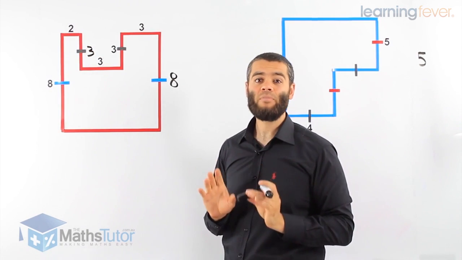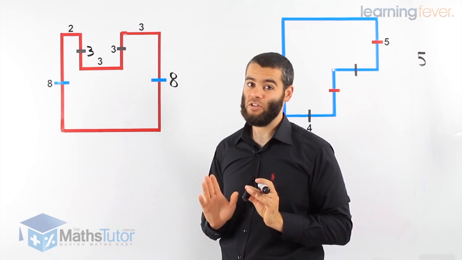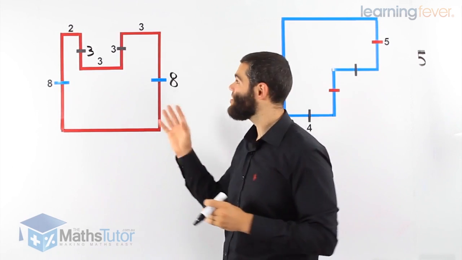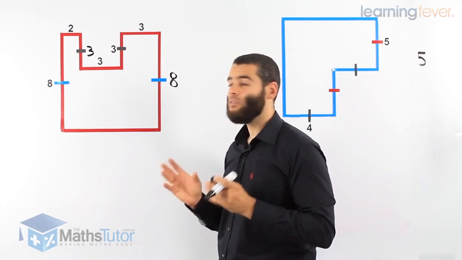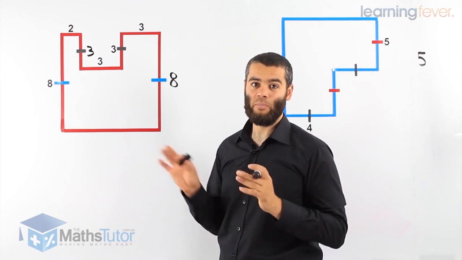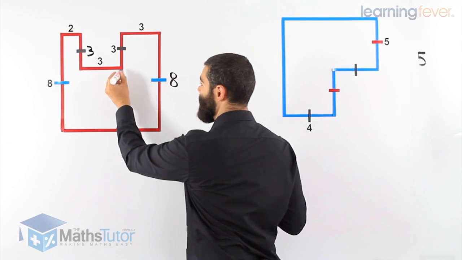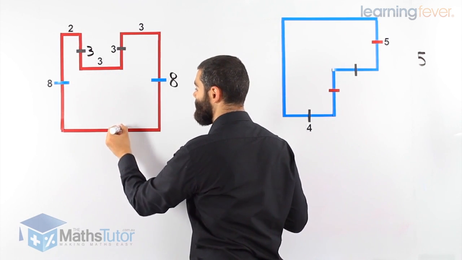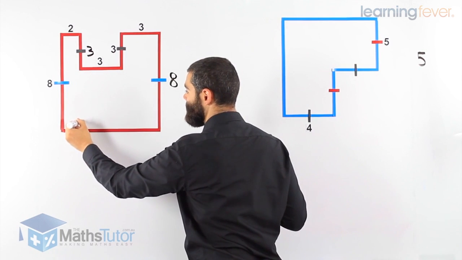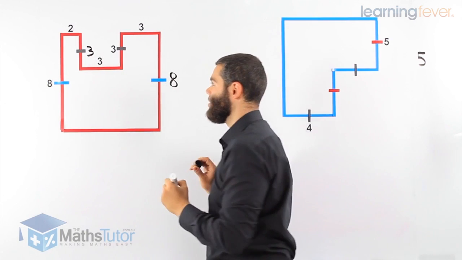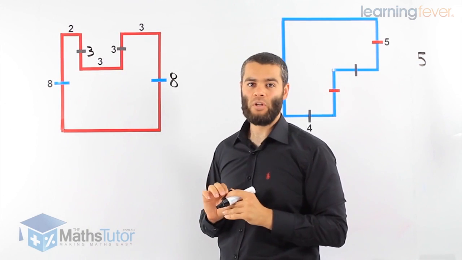We're going to split up the shape. We have to split up the shape into shapes that we know or have formulas for. So in this case, we're going to split it up to make rectangles or even squares, depending on how we split it. We can go down and split it this way, that way, or we can split it up that way and that way. Up to you which way you want to go.